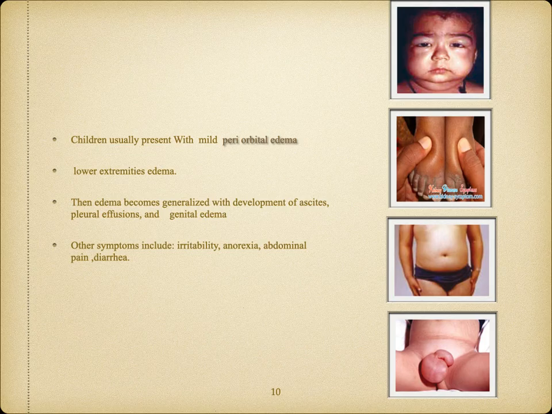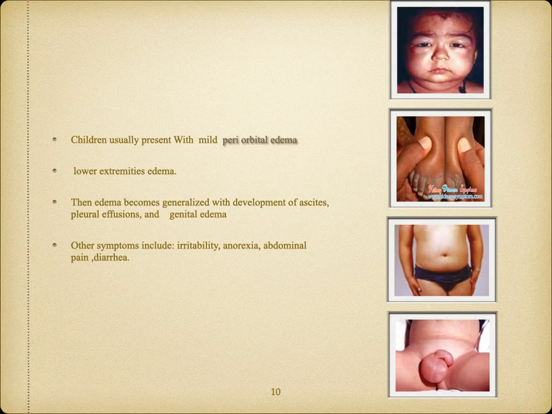Children with nephrotic syndrome can initially present with mild edema, which is initially noted around the eyes and in the lower extremities. Nephrotic syndrome can initially be misdiagnosed as an allergic disorder because of the periorbital swelling that decreases throughout the day.